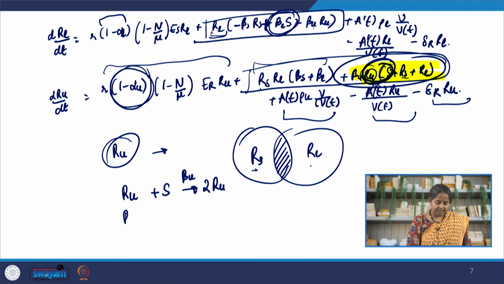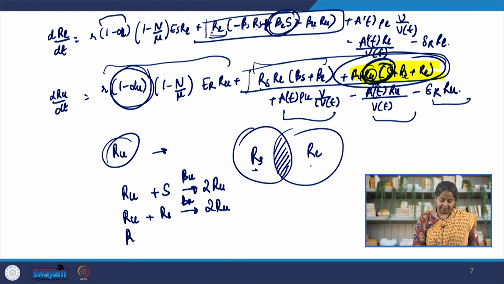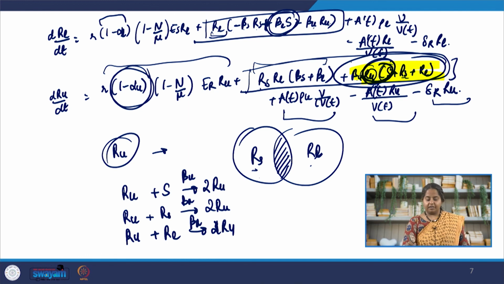The second is a multi-drug resistant bacteria RU interacts with RS and something similar happens. And similarly, RU interacts with RL and makes it multi-drug resistant too. So all these three are here.